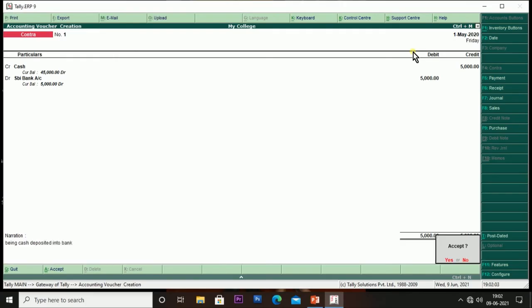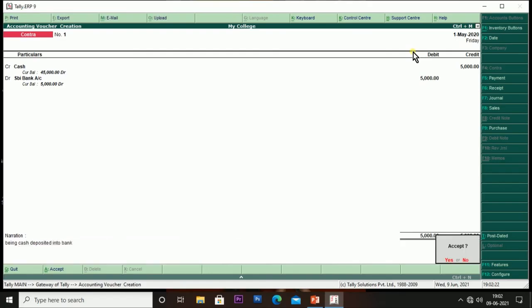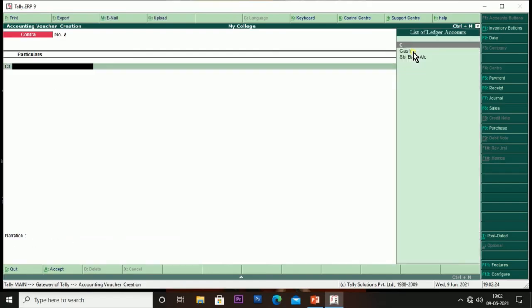This is one contra entry. We can save by pressing Enter. Got the idea? On one side our cash and on the other side our bank account. This is called contra, an internal adjustment. Enter.